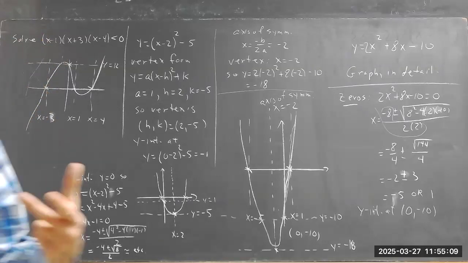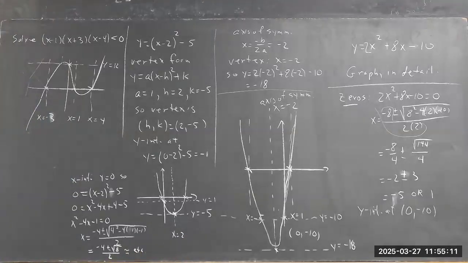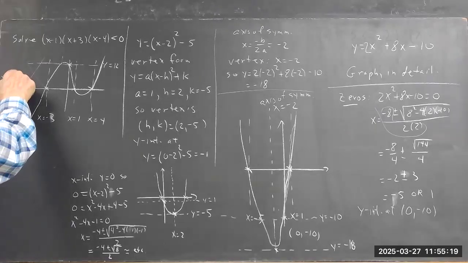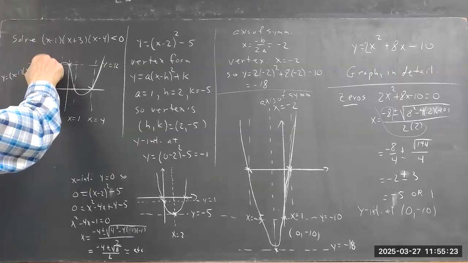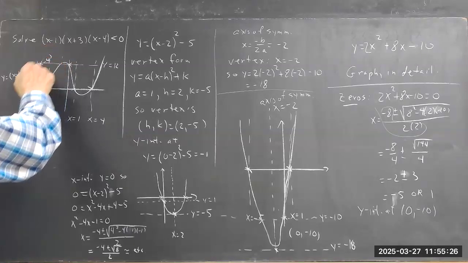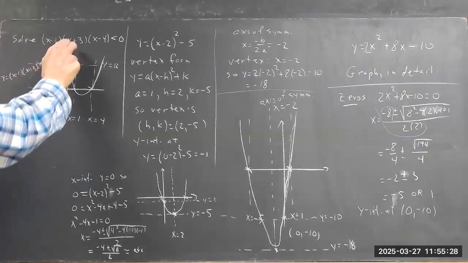My point is that to solve this inequality, you draw the graph. So this graph is y equals x minus 1 times x plus 3 times x minus 4. It's not written very well. I've just rewritten it here.